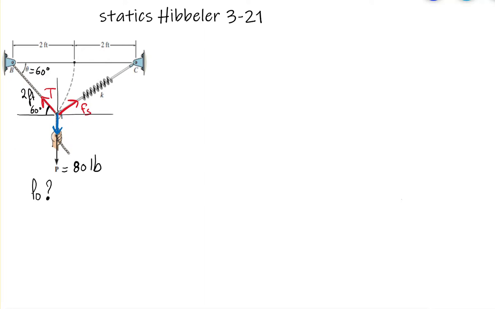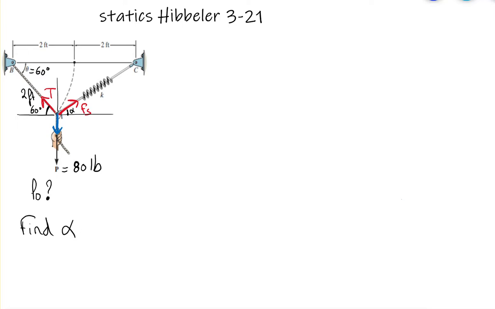For the force of the spring, we don't have the direction, so let's call this angle alpha, and we will need to find it. That's one of the unknowns, so we need to find alpha.